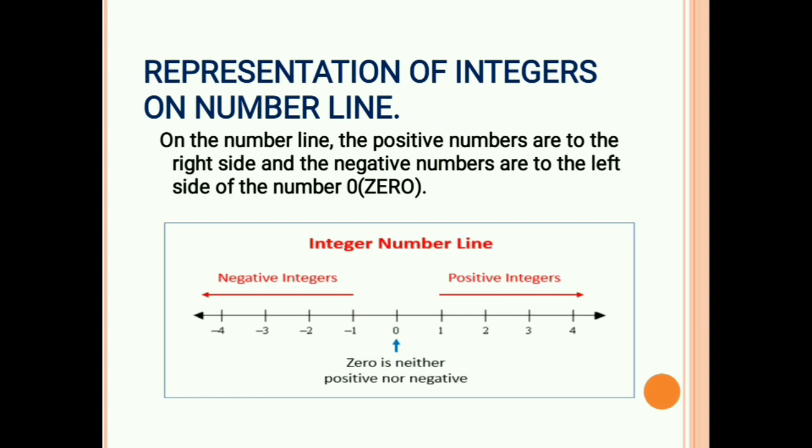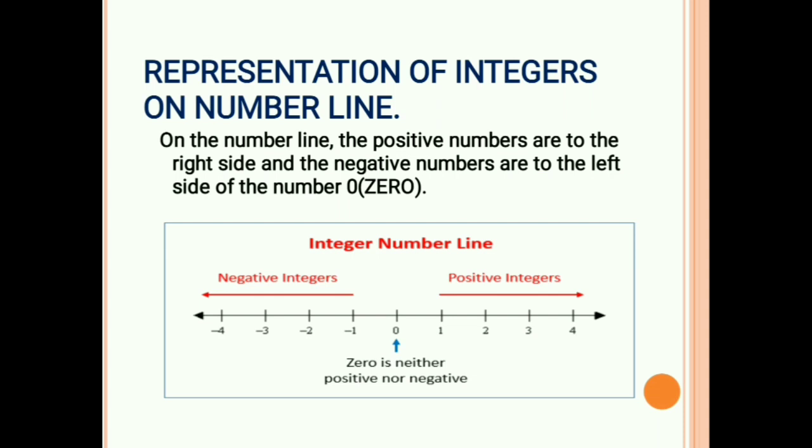Look here, minus 4 is less than minus 3 and minus 3 is less than minus 1. Why is it so? Because minus 1 is on the right hand side of minus 3 and minus 3 is on the right hand side of minus 4.